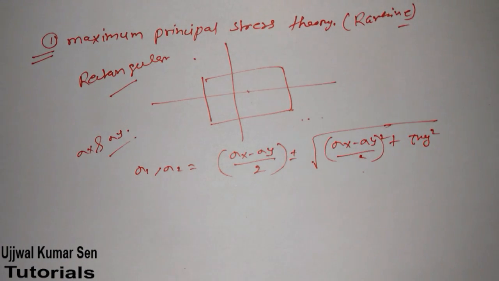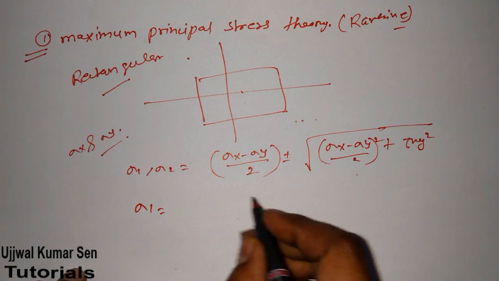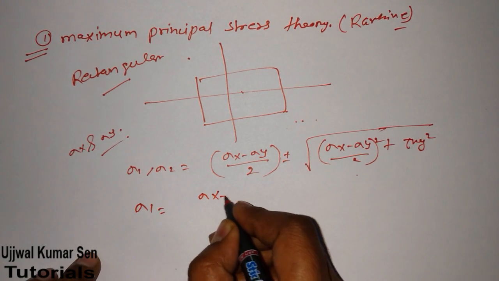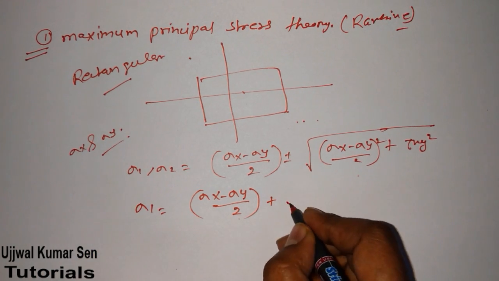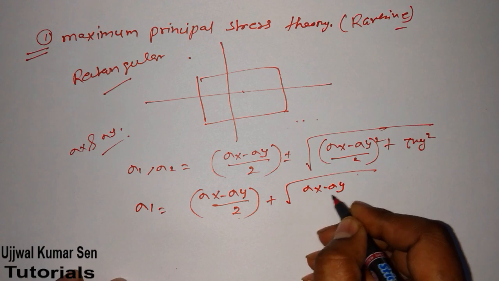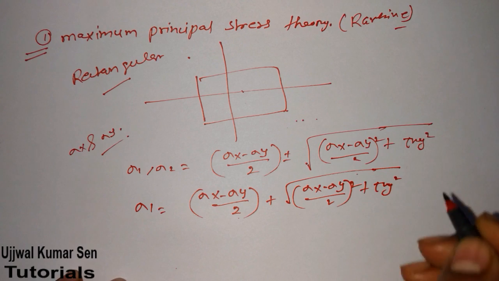The same formula we also use for Mohr circle. I have already shared a lot of things about Mohr circle. I hope you have enjoyed all those tutorials. Now sigma 1 is (sigma x minus sigma y) by 2 plus the square root of ((sigma x minus sigma y) by 2) whole square plus tau xy whole square.